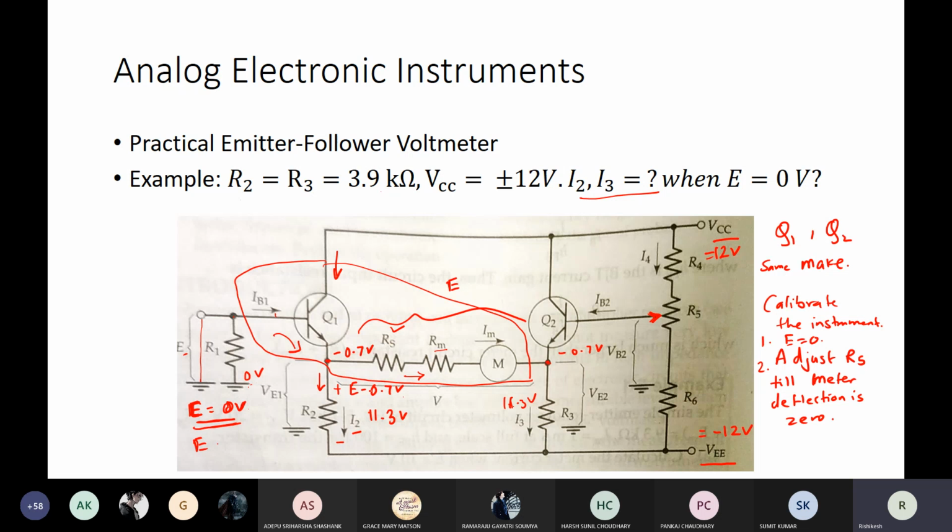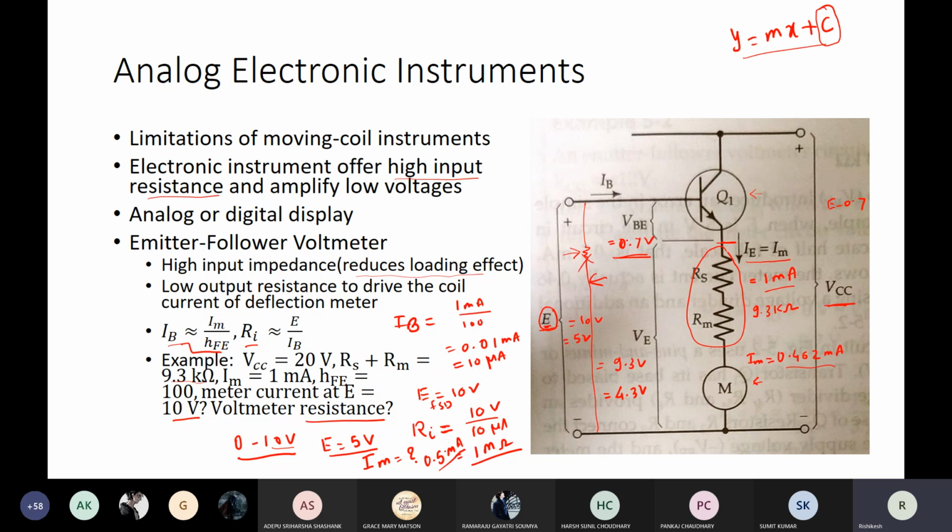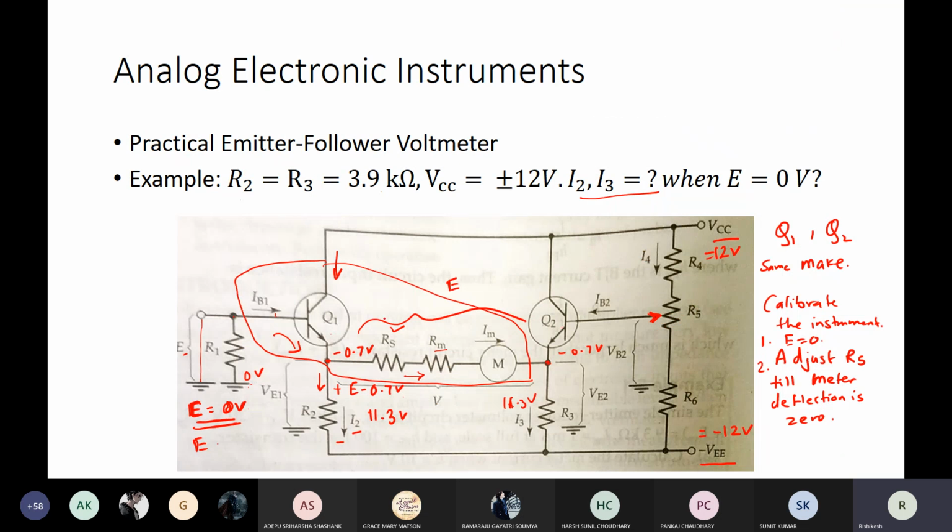One more point is that the disadvantage with this is that we always assume that it is 0.7 volts, but in practice it may not be 0.7 also. It may change depending on the characteristic of the transistor, and it will change with the temperature. But since we are taking these two transistors of the same make here, they will have the same effect of temperature.